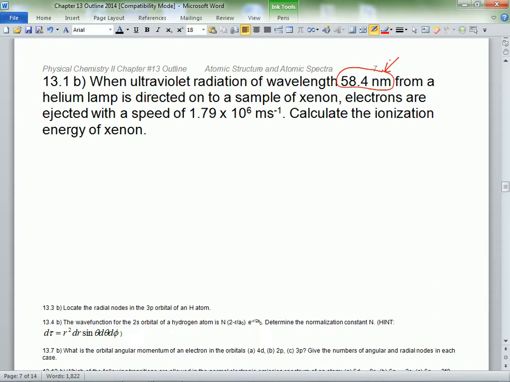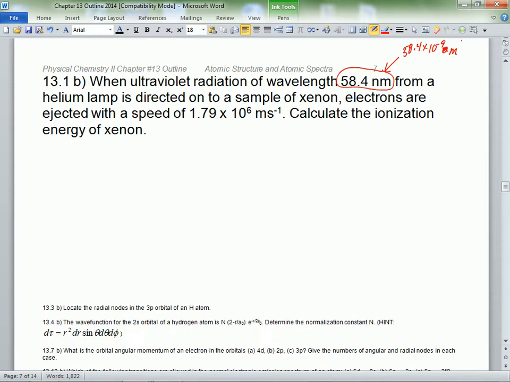In my head, I see that number as 58.4 times 10 to the negative 9, right? When you start seeing stuff this way, you're preparing yourself so the question is less ambiguous. These little tricks like that.